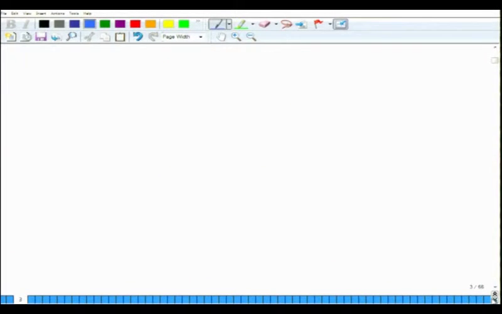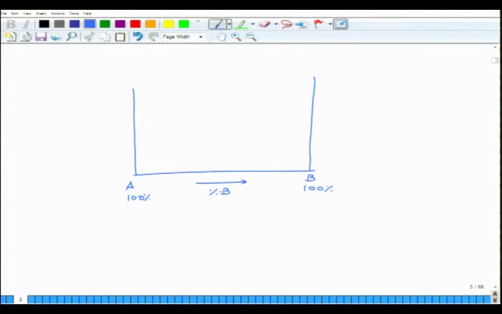What happens in partial solid solubility is slightly different. I will not draw the complete phase diagram, but let us say you take an example of A and B. This is 100% A, this is 100% B, this is percentage B, and on the vertical axis you have temperature. In partial solid solubility, solid solubility typically increases as the temperature increases.